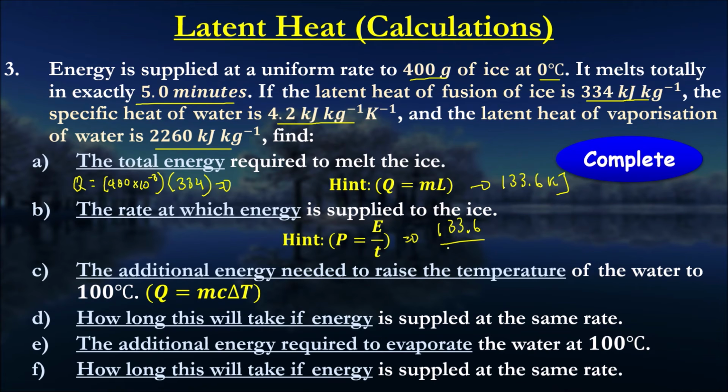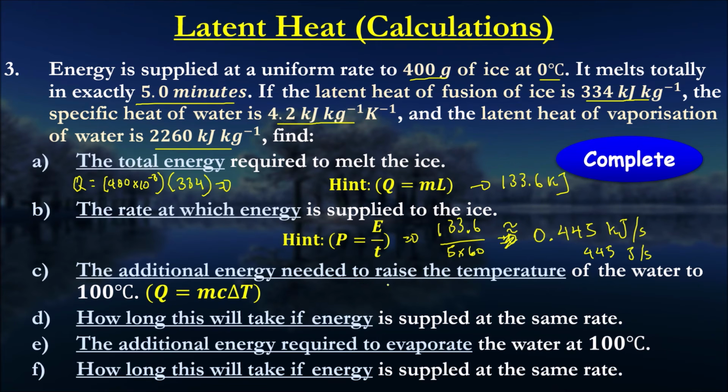So let's convert that into seconds: 5 times 60. So we have a power rating of approximately, to 3 sig figs, 0.445 kilojoules per second. If we want joules per second, it'd be 445 joules per second.